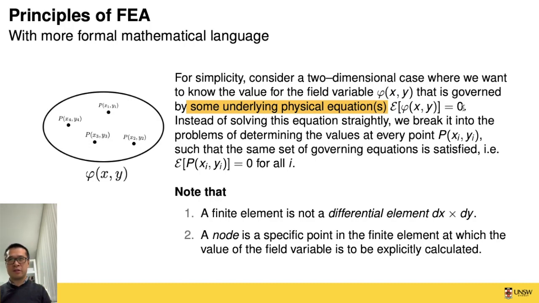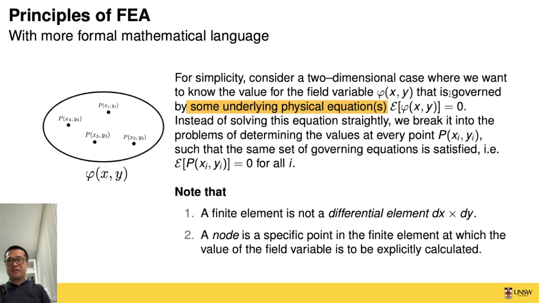If you don't know what that means, you can think about F equal to minus kx in Hooke's law, then F plus kx equal to 0. So F plus kx is this equation on the left-hand side. It establishes some function of x, in this case F plus kx, so that gives 0.